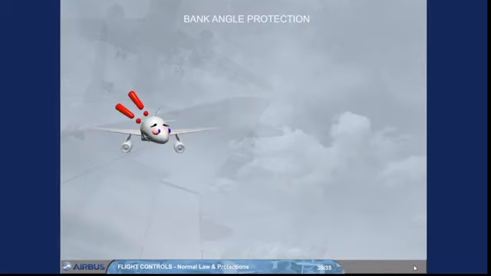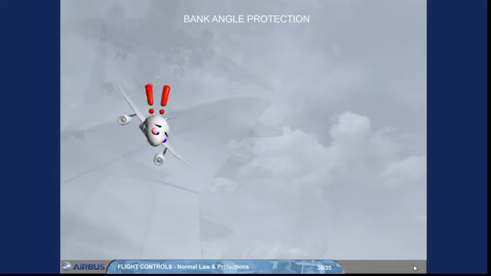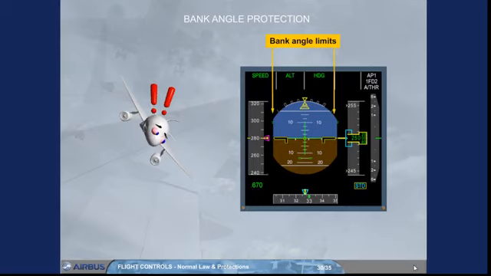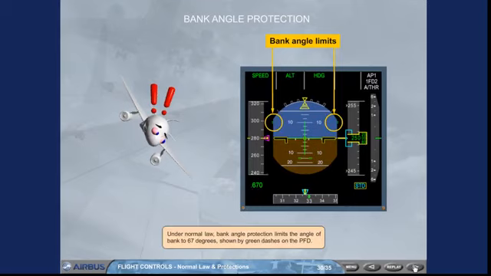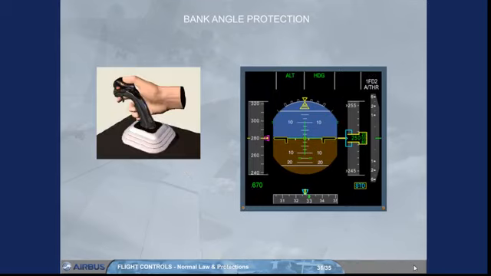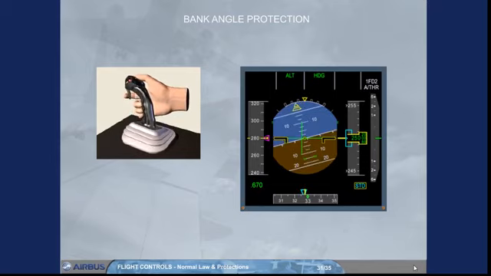Under normal law, bank angle protection limits the angle of bank to 67 degrees, shown by green dashes on the PFD. If the pilot holds a full lateral side stick deflection, the angle of bank starts to increase, and when above 33 degrees, a positive spiral static stability is maintained and the auto trim is inoperative.